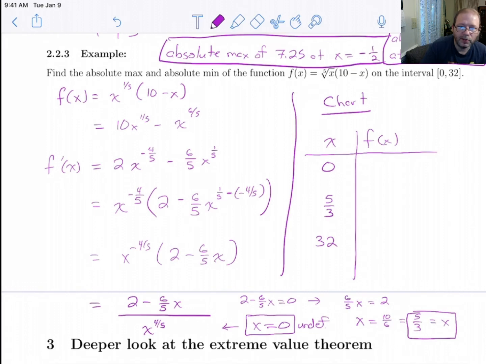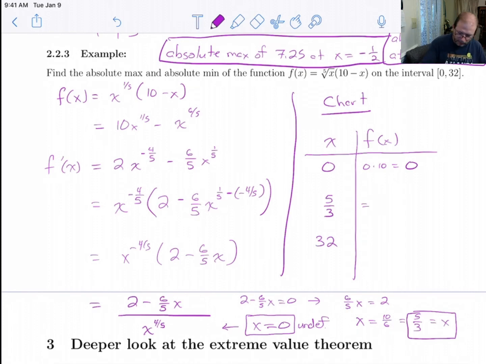All right, so once we plug these numbers into f of x, that's going to tell us the y value here. So if you plug 0 back into the original function, you get 0 times 10, which is 0. If you plug in 5/3, you're going to get something ugly. I'm just going to do this on my calculator.